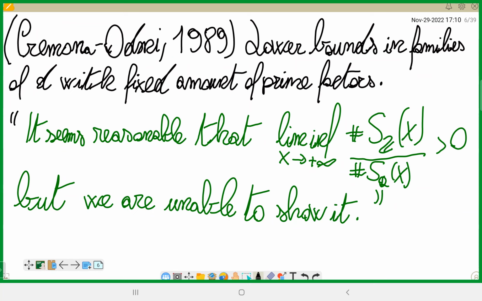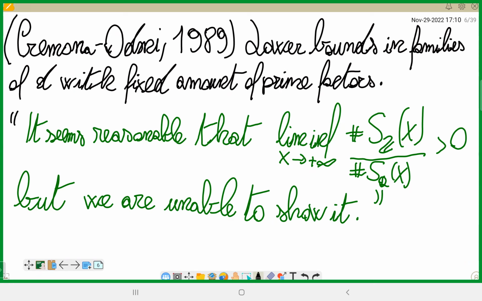And at least people generalized the criterion a little bit, so they could do not just one or two prime factors, but any number of prime factors. People were able to find some sufficient conditions that gave slightly better lower bounds, but none of this was sufficient at this point to prove that the lim-inf here is positive.